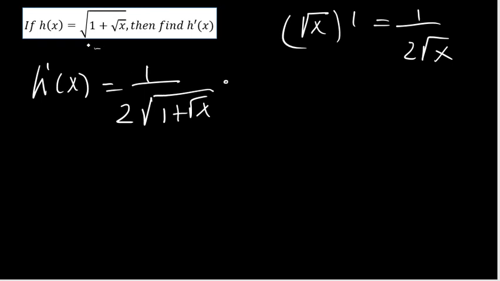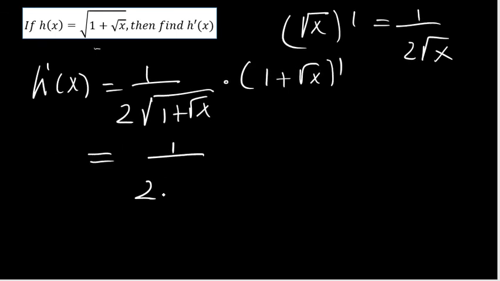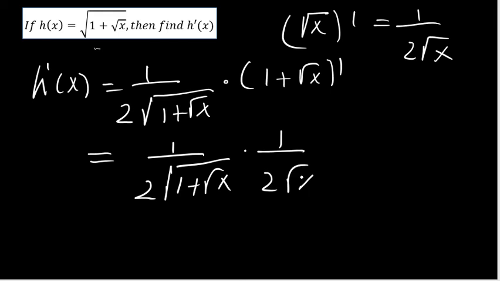What is the inner function? It's not only 1. 1 plus root x must be derived. So according to chain rule, 1 over 2 square root of 1 plus root x times the derivative of 1 is 0. The derivative of root x is 1 over 2 root x. So when you multiply, it will be 1 over 2 times 2, which is 4. And we can put the radicals together because it's a multiplication case.